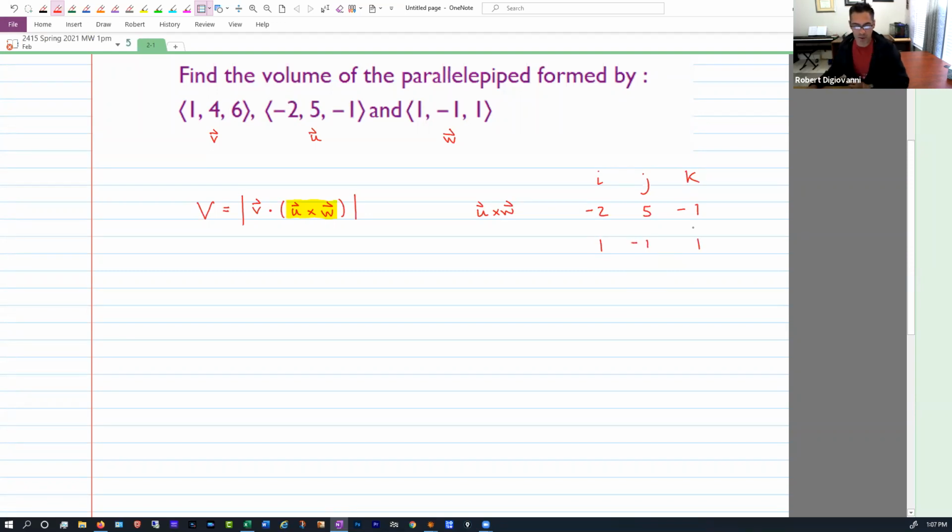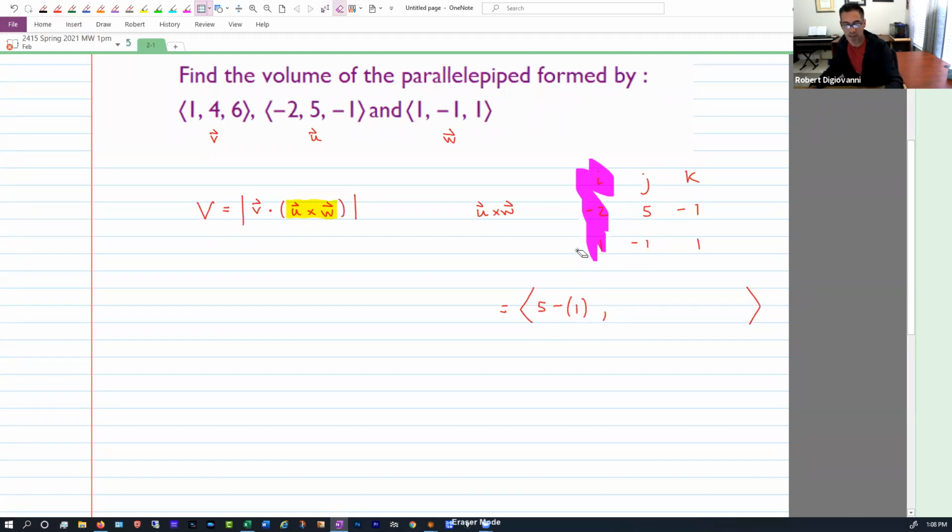And then this is where we play this little game. We're going to get a vector as an answer. We cover up the i, and then we do the little determinant on these four numbers. So I'm going to do 5 times 1, that's 5. Then I take away what I get when I multiply this way, which is +1.